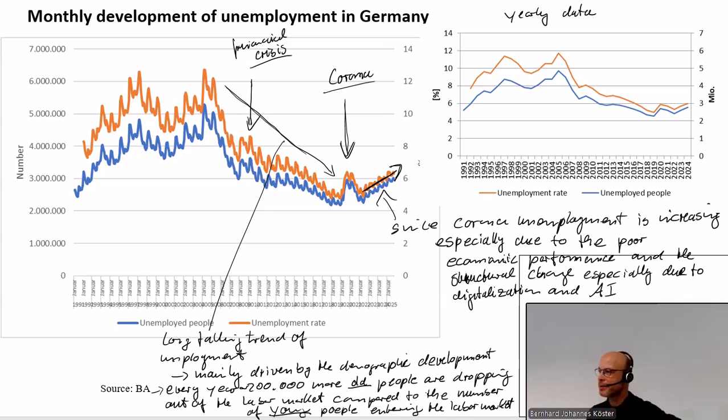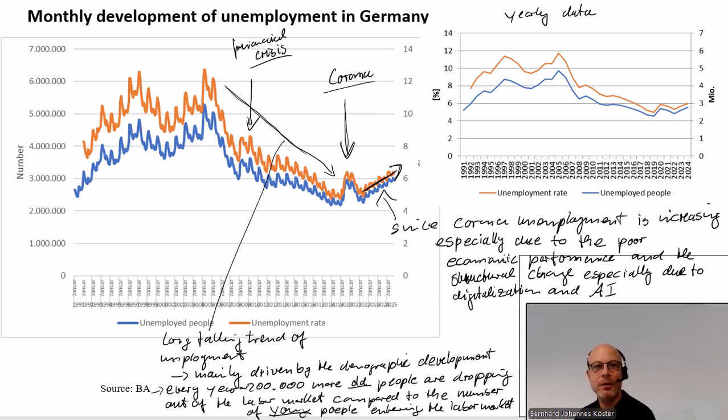And this means if an enterprise is under pressure, they have the ability to apply for short-term work. So formally, the people are still in work at the enterprise. They still have a contract, but they do not work, and they are refunded by the public. And this can last for 6 months, almost 1 year.